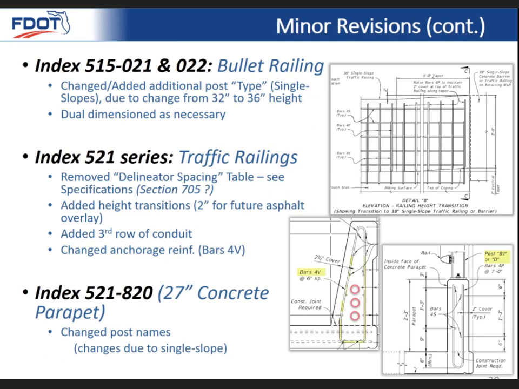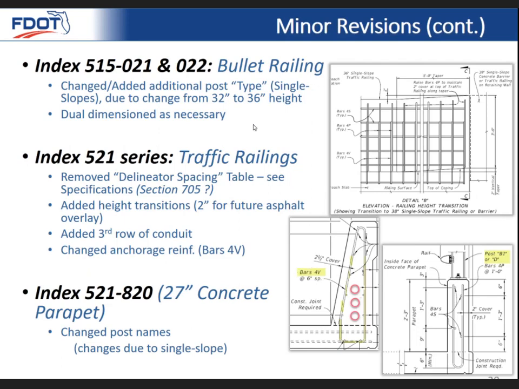Moving on to some specific detail changes within the indexes, because of the change from 32-inch to 36-inch height in the traffic railings, the height of pedestrian railing posts to maintain a consistent 42 or 48-inch total height resulted in detail changes to the posts.